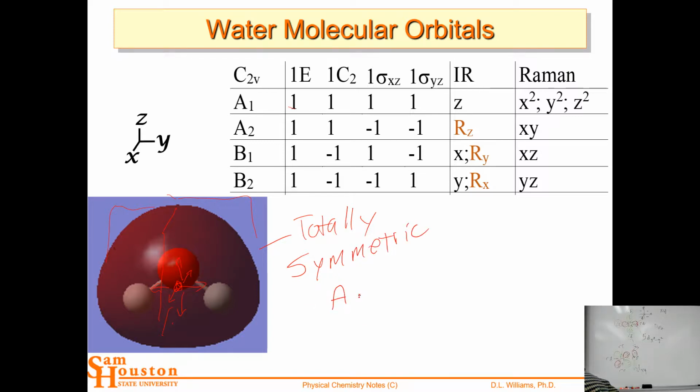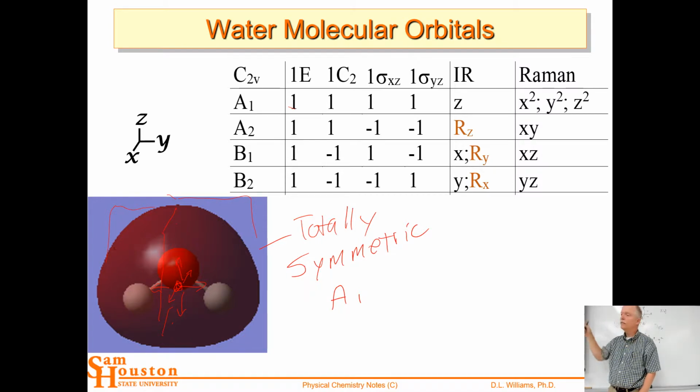What does A1 stand for? It's just the Mulliken notation. Now, the A versus B tells you the rotational symmetry. So look at the C2 column. The A's are +1 under C2 and the B's are -1. That's the difference between A's and B's: the rotational symmetry.